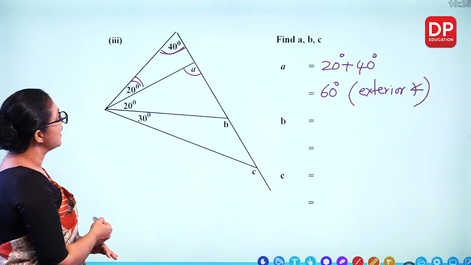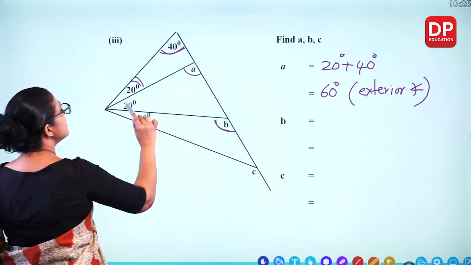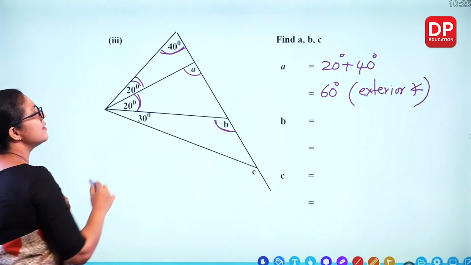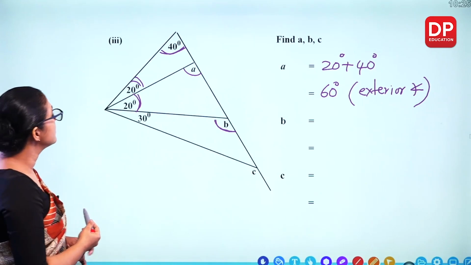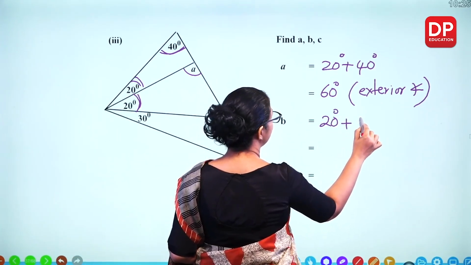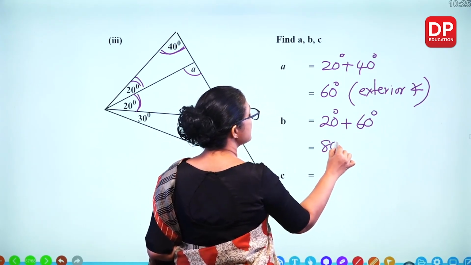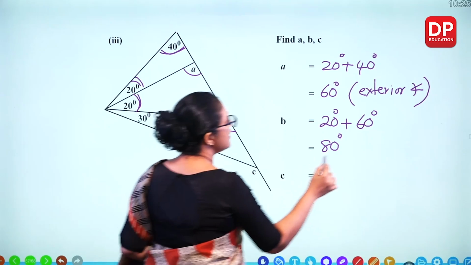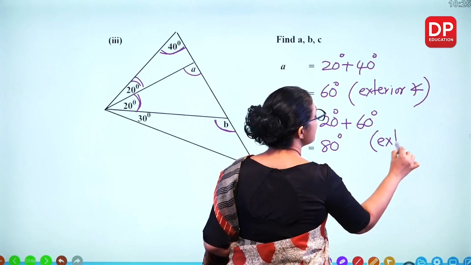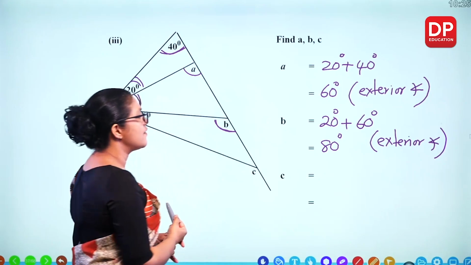Now we found A. To this exterior angle, these two are the sum of interior angles. So 20 plus A. A is 60. So you get 80 degrees for B because of the same reason. Exterior angle is equal to the sum of opposite interior angles.